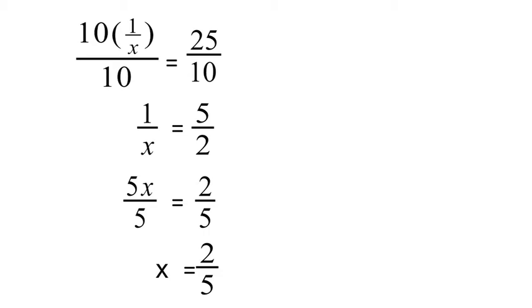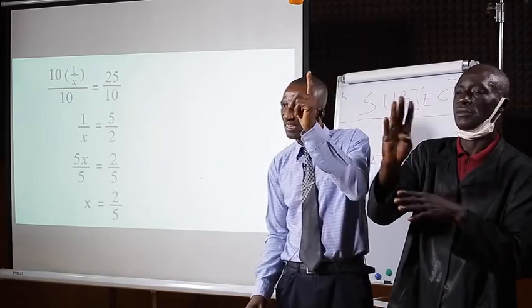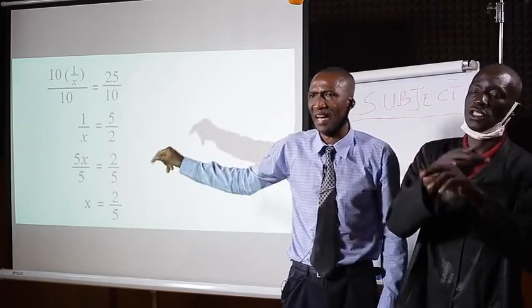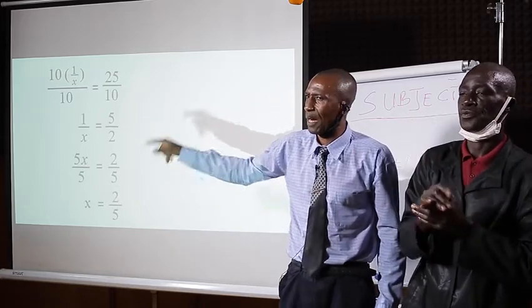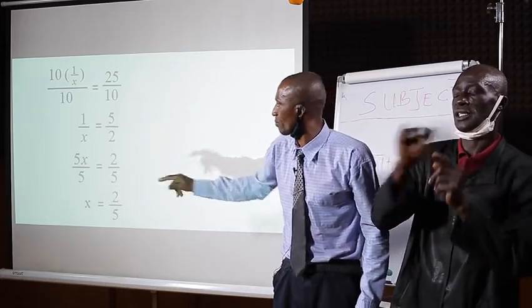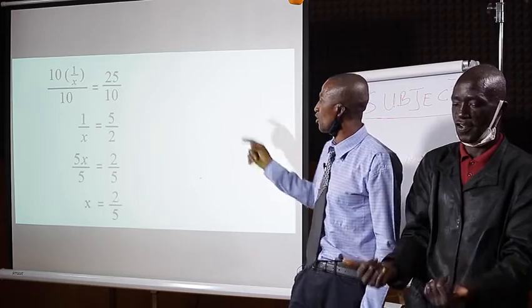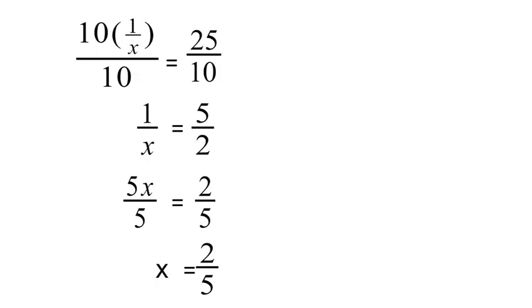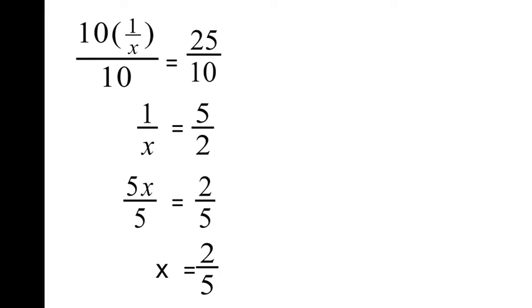Then 5 divided by 5, the answer is 1. So on the left, you have 1 times x, and the answer is x. Now, the right becomes 2 over 5. Conclusively, our x is equals to 2 over 5.